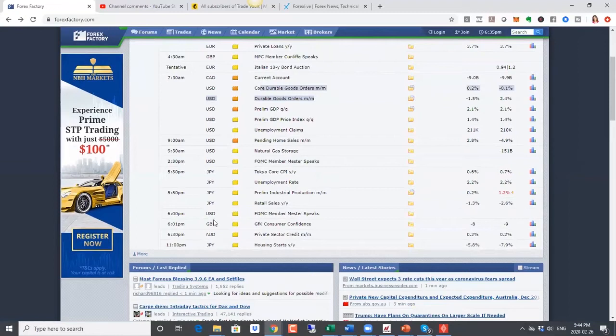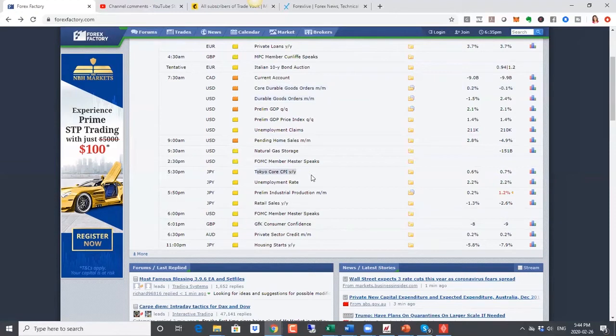And then in the evening here, we have consumer confidence numbers. Consumer confidence numbers are important. We saw with the US where the consumer confidence numbers came in below expectations, and we saw US dollar drop. And same thing here for the British pound as well. If they come in below expectations, we could see it drop.